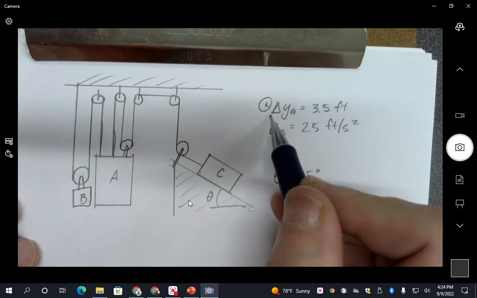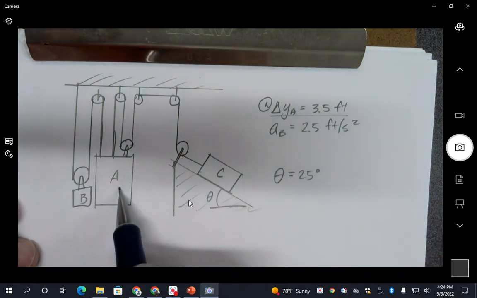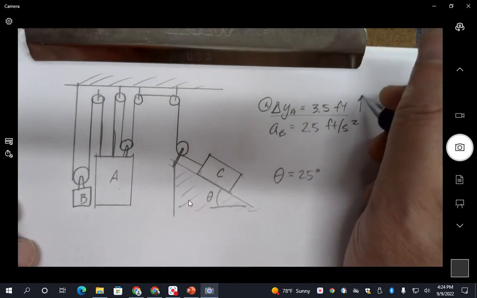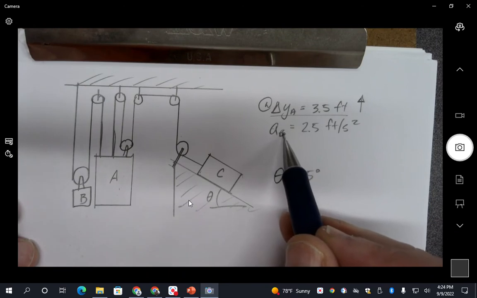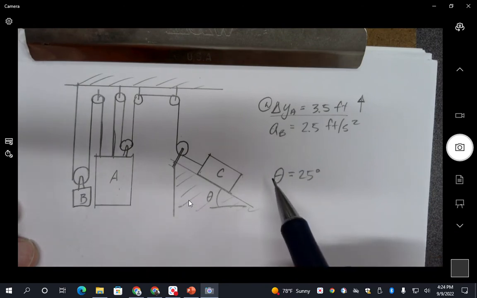So when A has moved up that amount, we know B is this amount. Is that true?